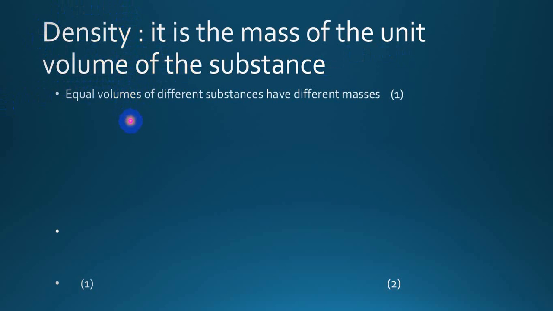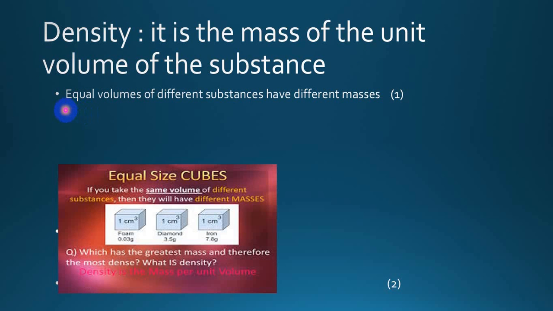Here I have some notes. Number 1. Equal volumes of different substances have different masses. Here I have 3 equal volumes, 1 centimeter cube each, of 3 different matters or substances. The first, a cube of foam.